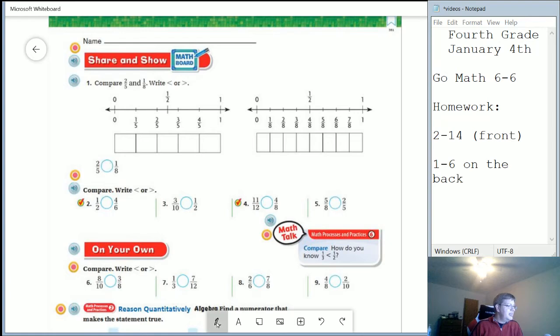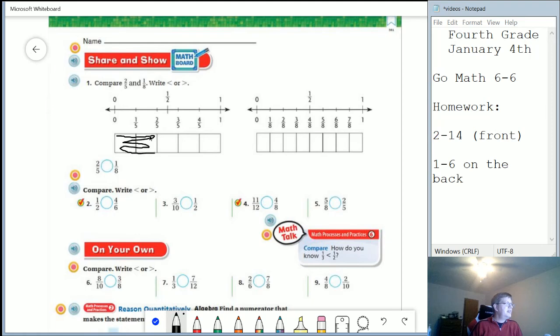All right, so assuming that you did that, for our first part, we are going to be going to 2/5 here, which would look like this. And then we are comparing to 1/8, which is going to look like this. So I can tell by looking that this part is really close to 1/2, and this part is not nearly as close to 1/2.